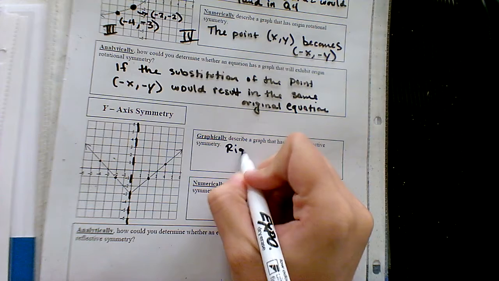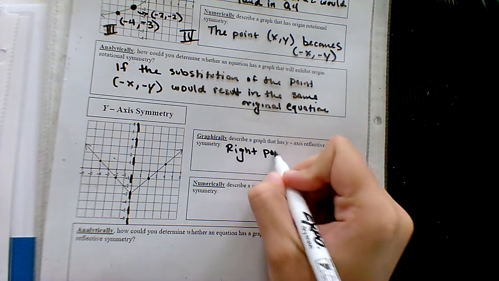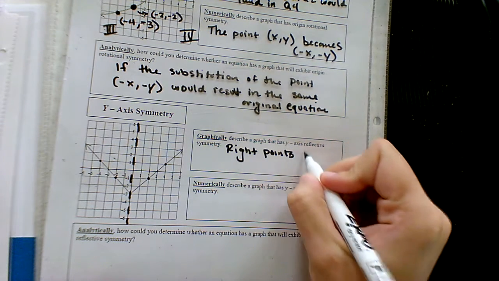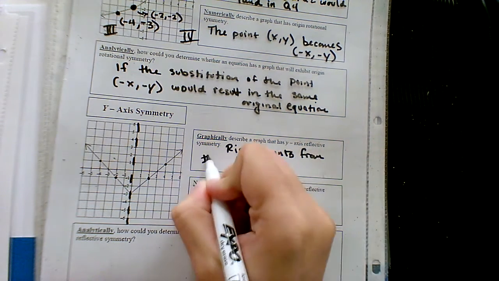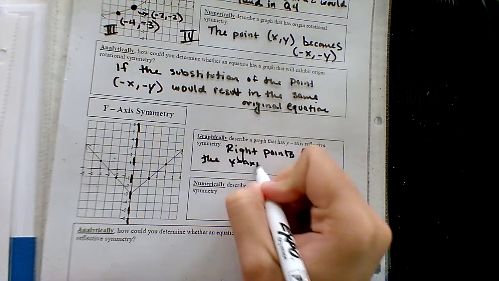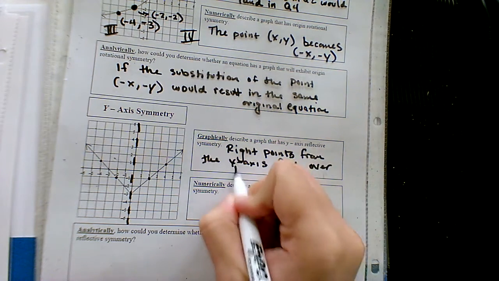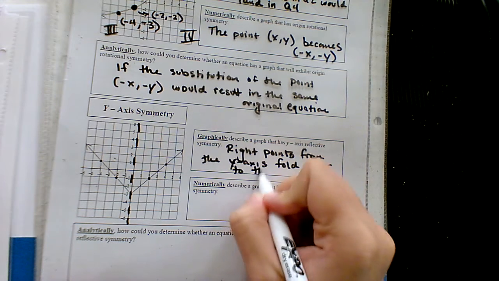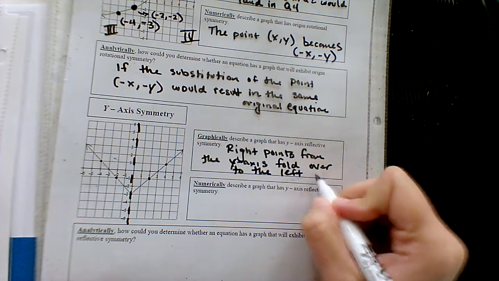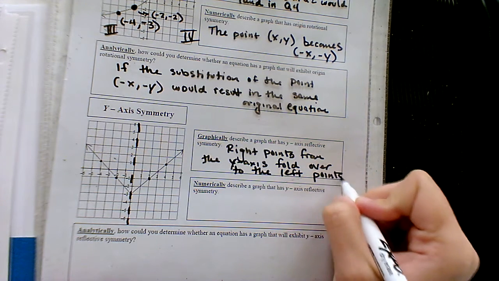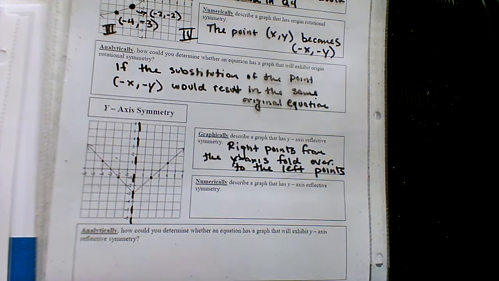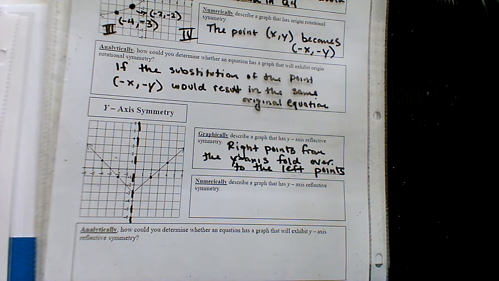So we can say right points from the y-axis fold over to the left points. Or vice versa, left points fold over to the right points.